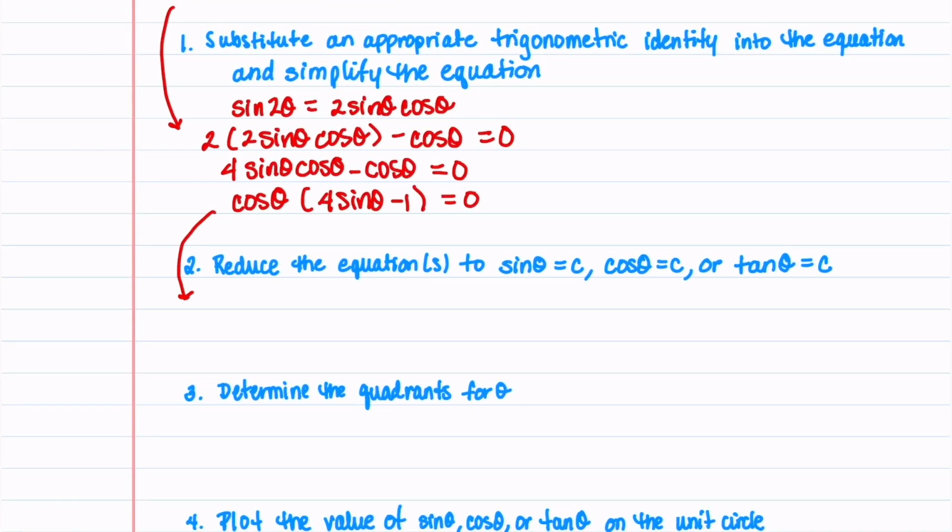Let's now reduce this to one equation with sine theta is equal to a constant and one equation with cosine theta is equal to a constant. So our first equation will have cosine theta is equal to 0. And for our second equation, we'll have 4 sine theta minus 1 is equal to 0. This is going to give us sine theta is 1/4.